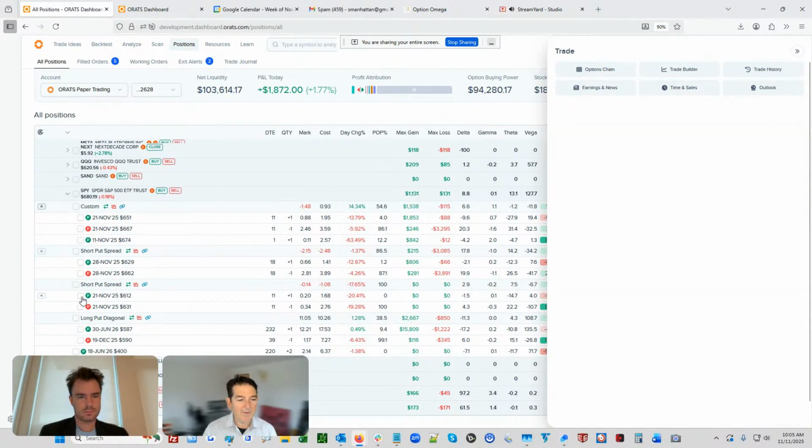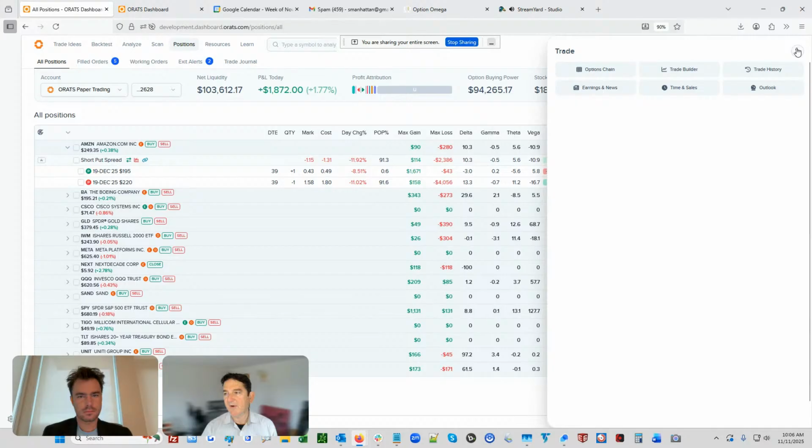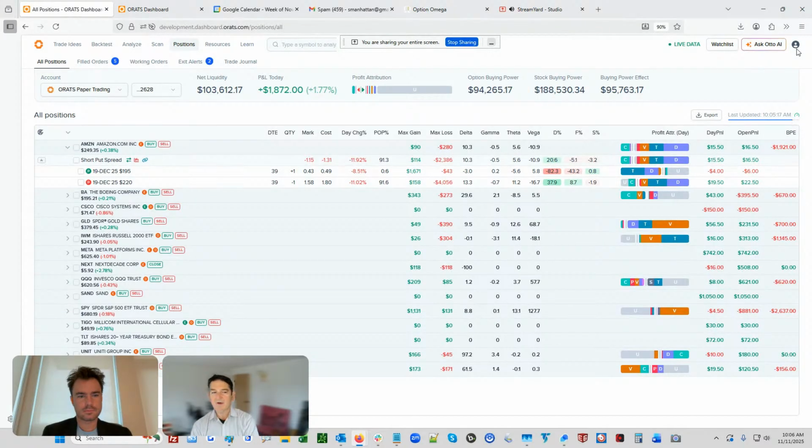So does that answer your question, Tyler? Yeah. Okay, good. So that's how we draw the graph. So now you could already know, oh shoot, there are different risk profiles for different days to expiration. So we need to factor that in.